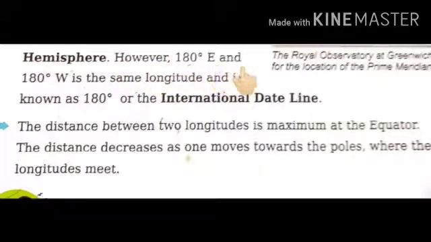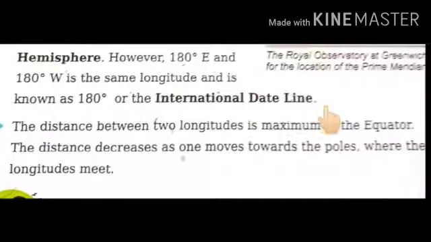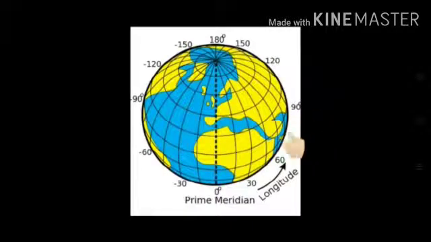However, 180 degree east and 180 degree west is the same longitude and is known as 180 degree or the international date line, children. See this, children. This is prime meridian 0 degree and just opposite this line there is 180 degree mentioned.